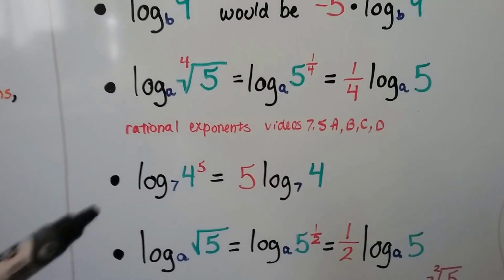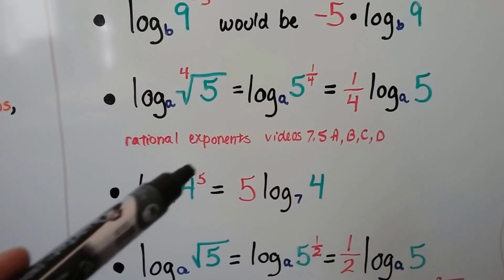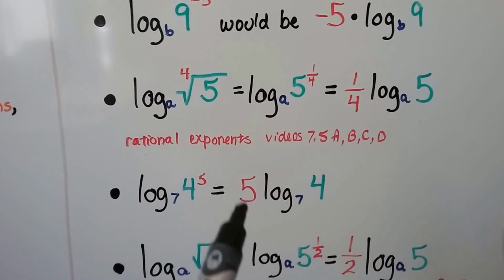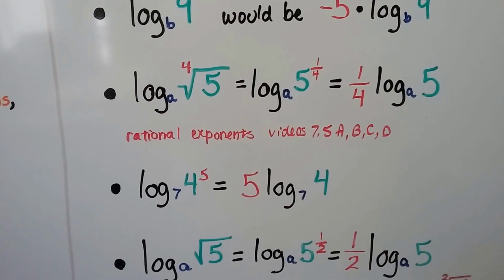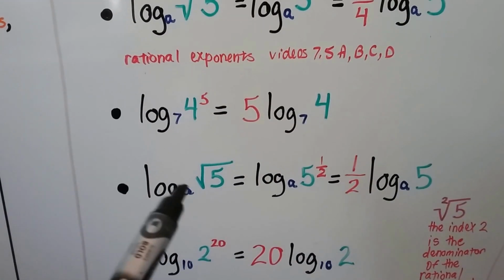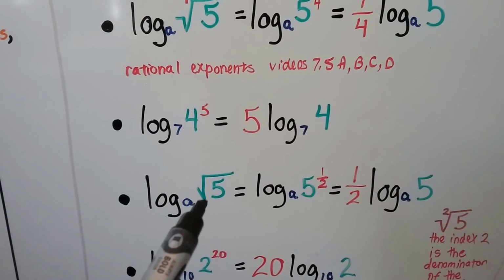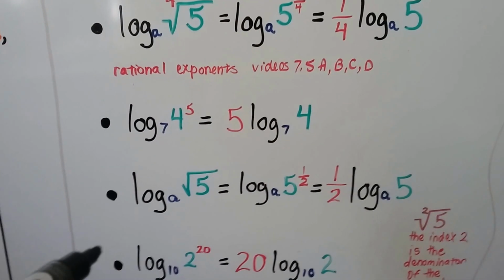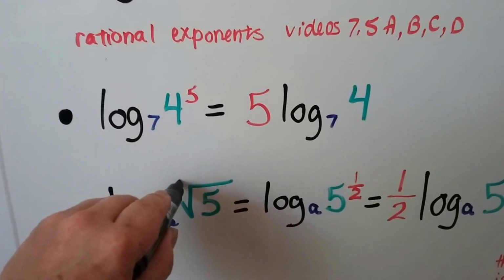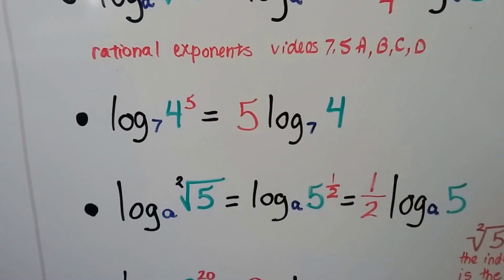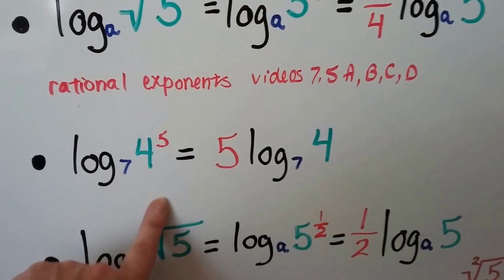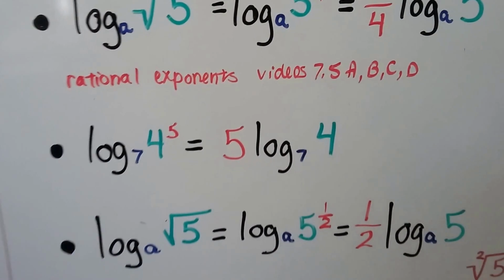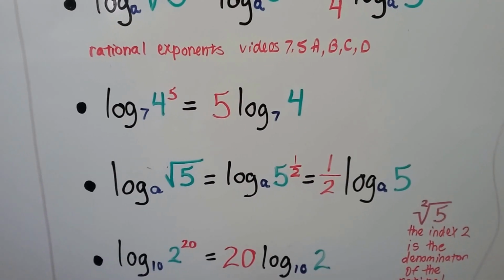All right? If we've got log base 7 of 4 to the 5th power, we can do 5 times log base 7 of 4. So now we've got just a square root of 5, don't we? But do you remember that there's an invisible 2 here that we don't usually write for square roots? We just don't write it. We just know that there's a little 2 there for our index in regular square roots, right?